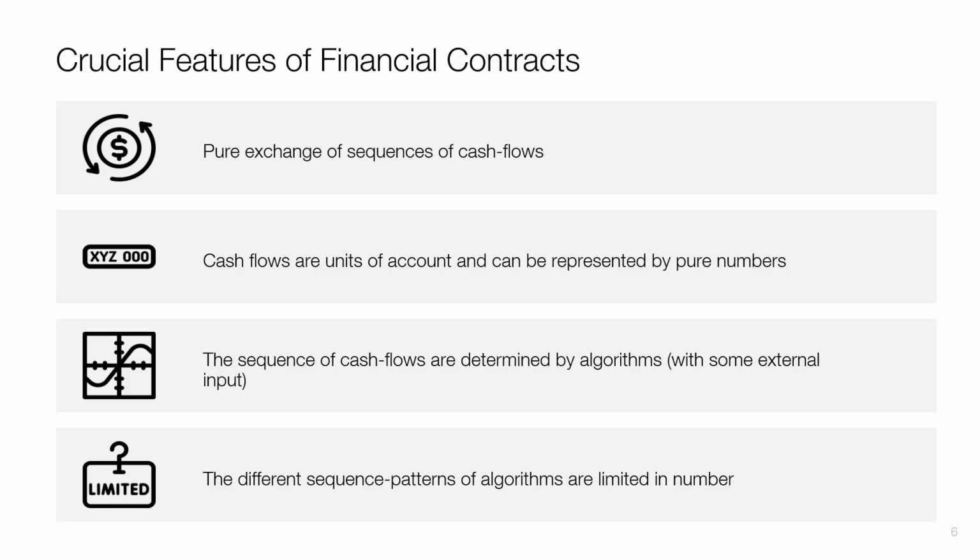Financial contracts define an exchange of payments which follow well-described algorithms or mathematical rules. A bit more concrete, financial contracts are pure exchanges of payments or cash flows. I give you money and you give me money back, following a certain pattern or sequence. Cash flows are units of account which can be represented by pure numbers. The rules which define the sequence of payments can be represented by well-defined algorithms.